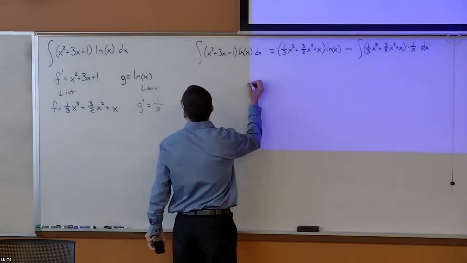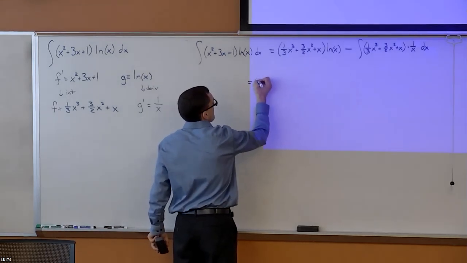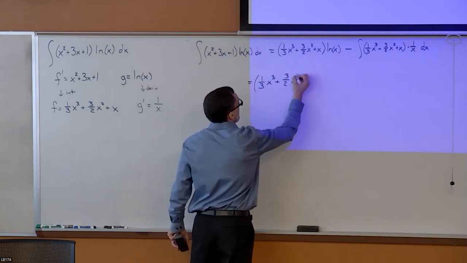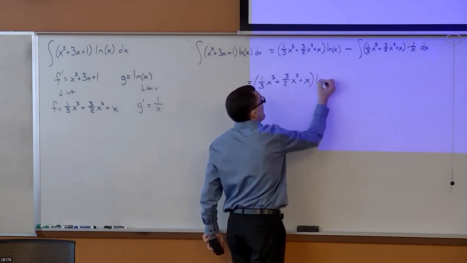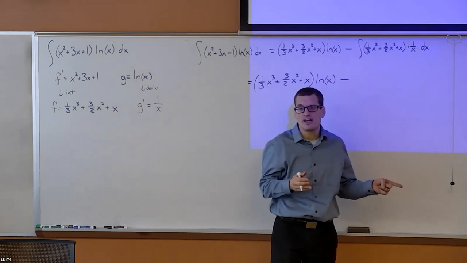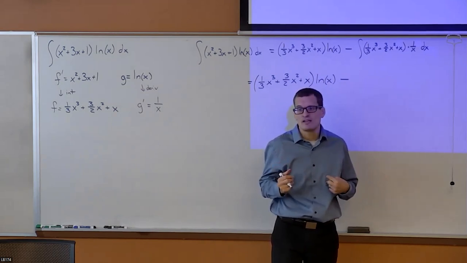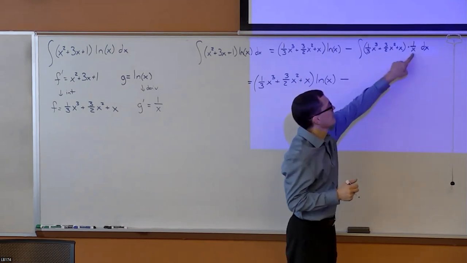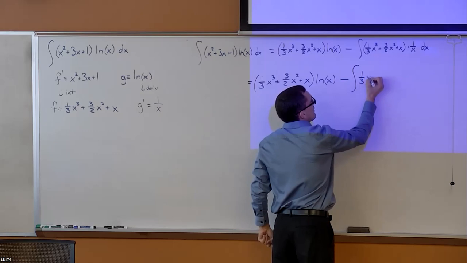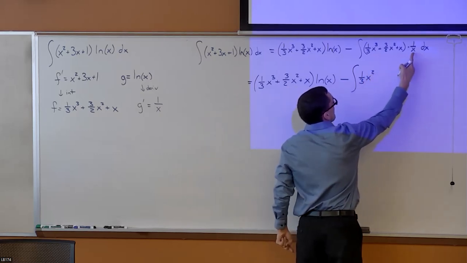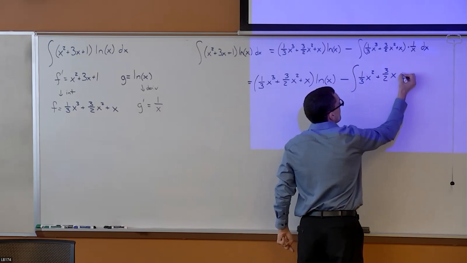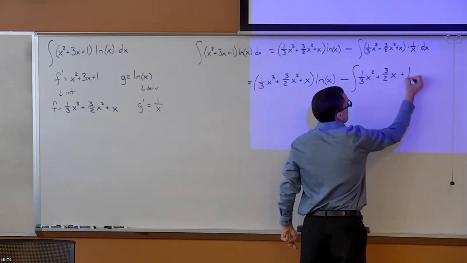And when you clean up your f times g prime in that integration, that fact of multiplying through by 1 over x and reducing the exponent by 1 comes in really, really handy. 1 over x times this term is 1/3 x squared. 1 over x times this term is 3/2 x to the first. 1 over x times x is just 1.